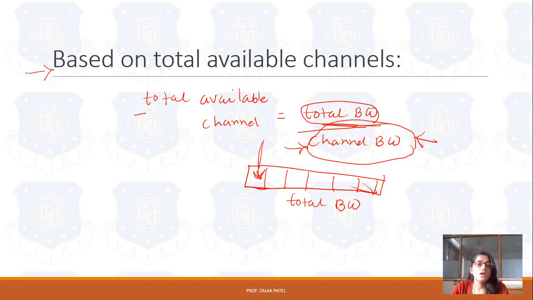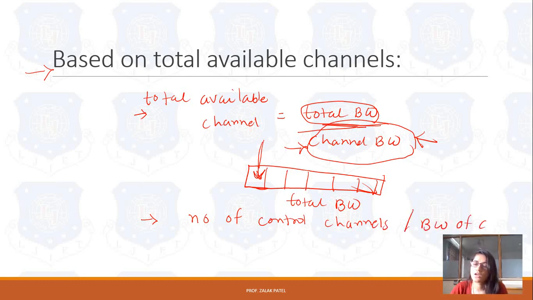Now if you want to find the number of control channels and traffic channels, it can be calculated if one of the values is given, means either the number of control channels is given or the number of voice channels is given.